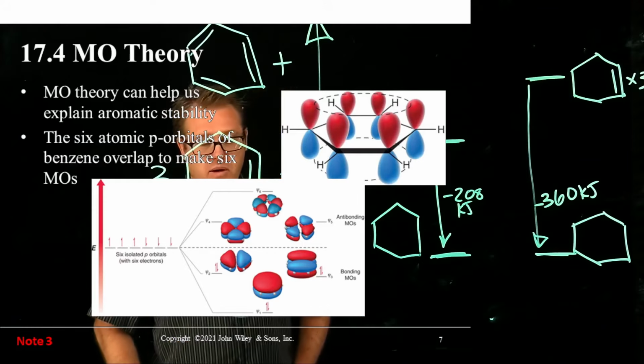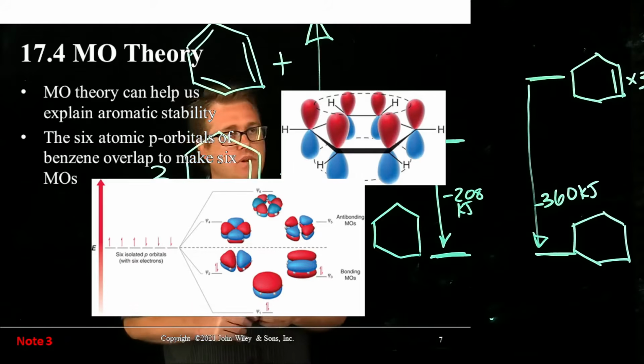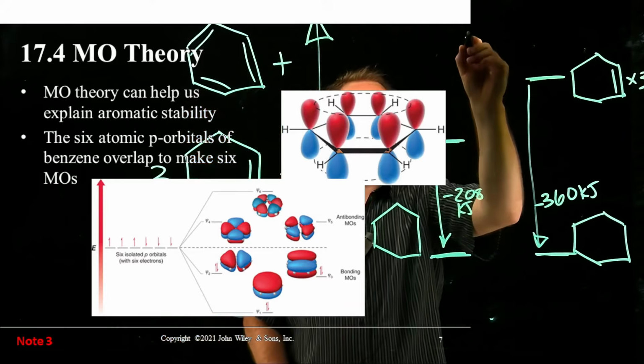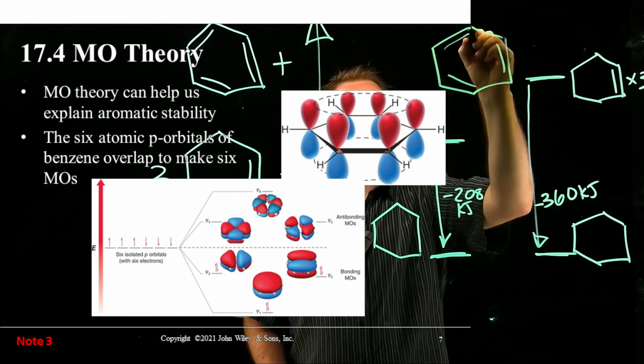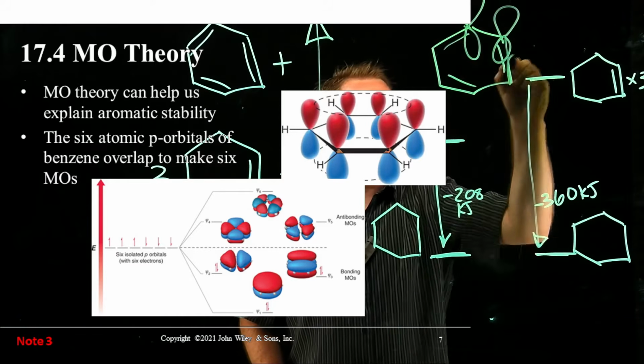And what's important to see is that there's 6 pi electrons involved. So each one of those atomic orbitals at the top of the top picture has 1 electron each. Okay. So if you could see benzene right here, each carbon has a p orbital.